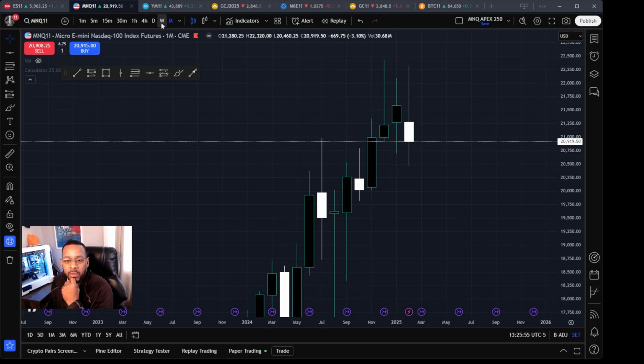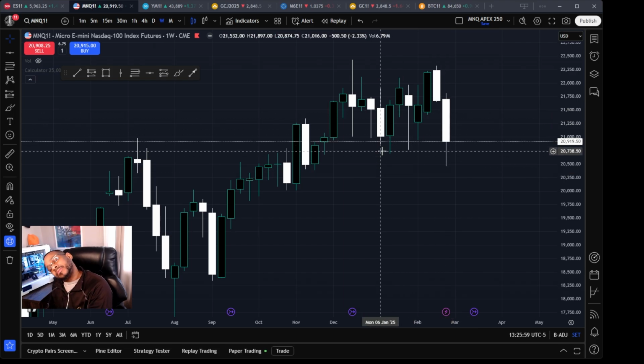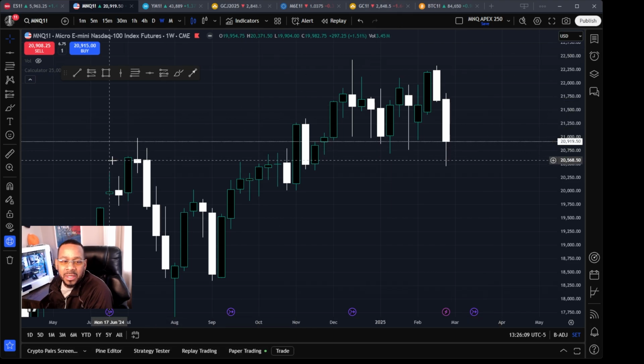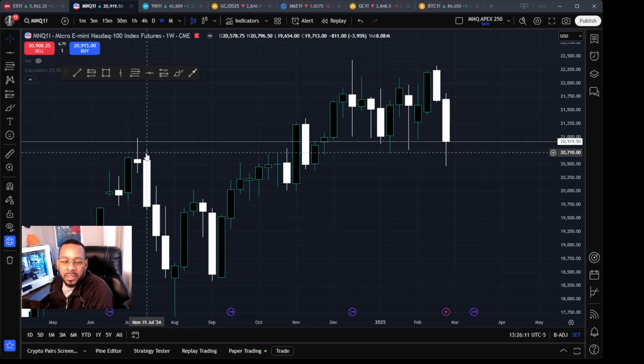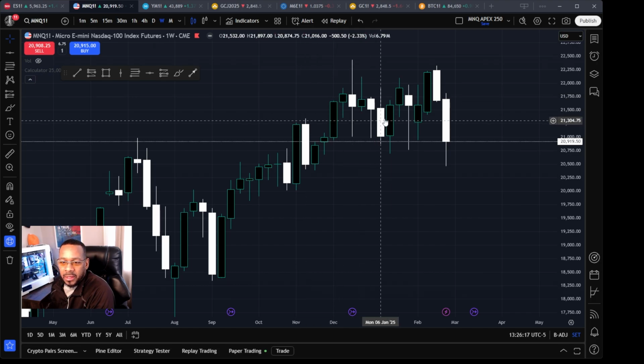Let's go ahead and take a look on a lower time frame. Weekly. As it's still showing a bullish look. High. Higher high. Higher high.